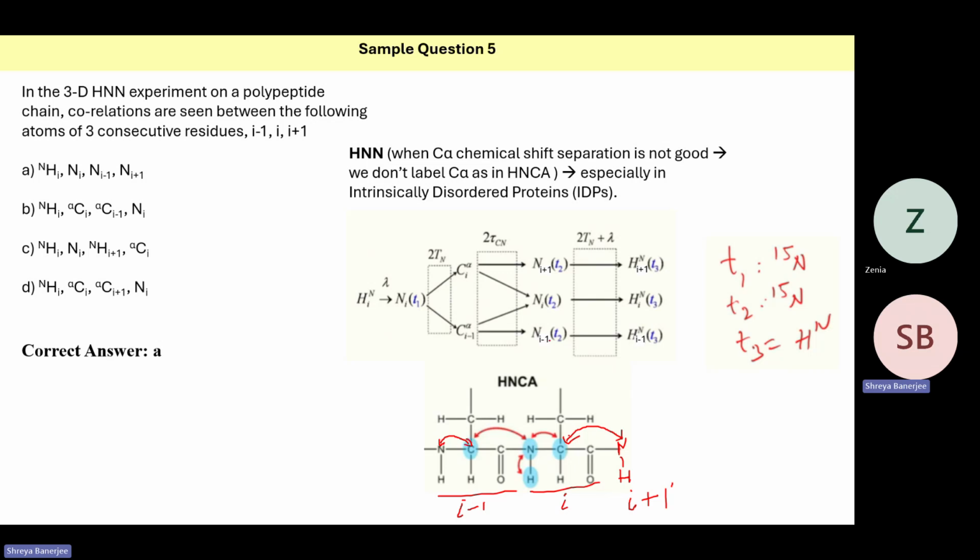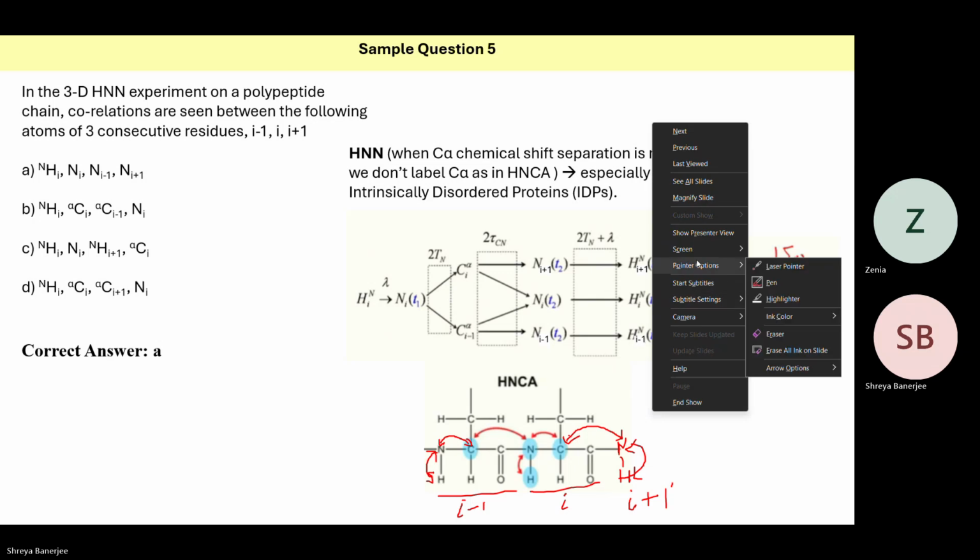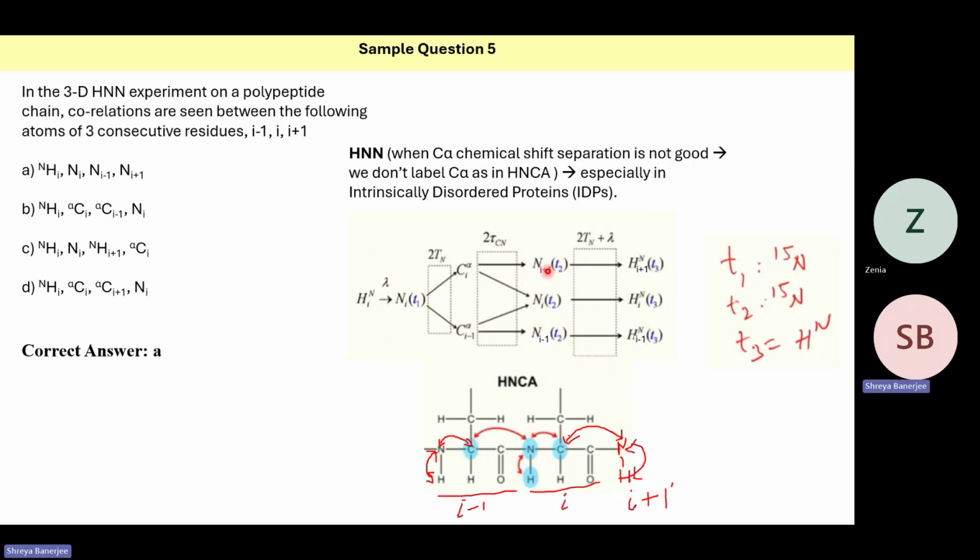And from the corresponding N's, it goes to the corresponding hydrogen. So N I minus 1 to Hi minus 1. Ni to Hi is already there, and Ni plus 1 to Hi plus 1. So ultimately, if you look at the options, all the options B, C, and D have some carbon.